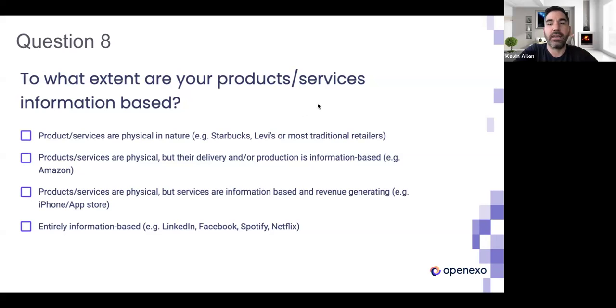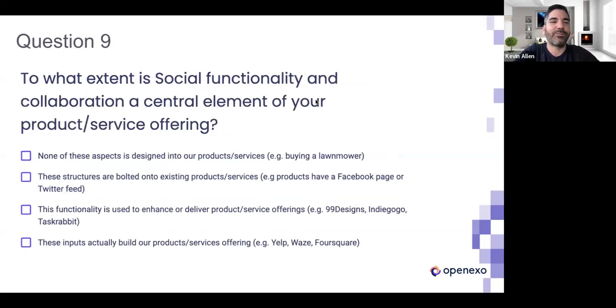So it's a matter of saying, okay, pick the one that works the best. We then go to what extent is social functionality and collaboration a central element to your product offerings, right? So this one's fairly clear.